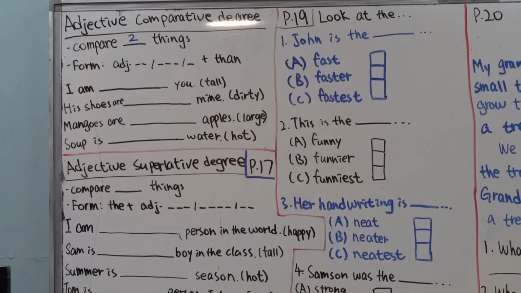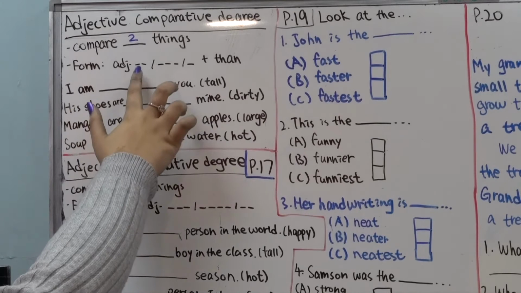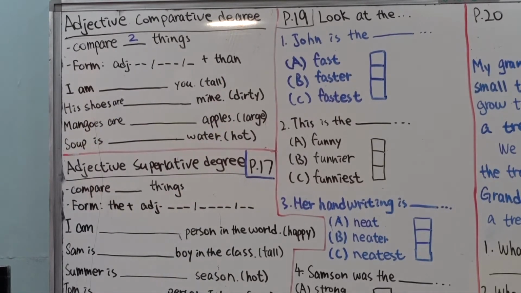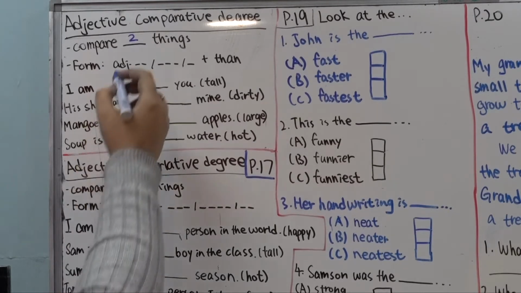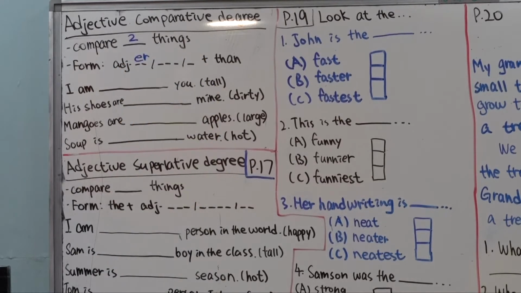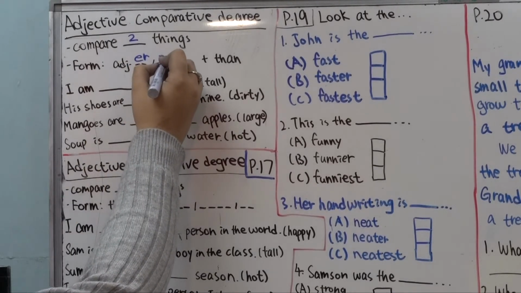And then the form is we do something with the adjective, right? Mainly it is adjective with er. Or if the adjective ends with y, what do we have to do? We add ier, remember that?